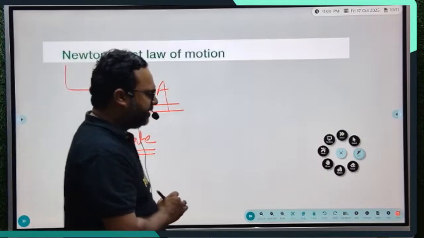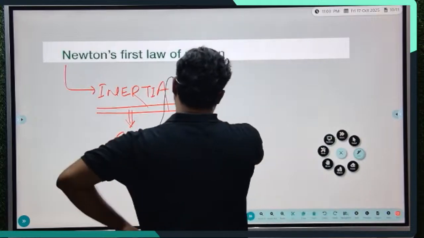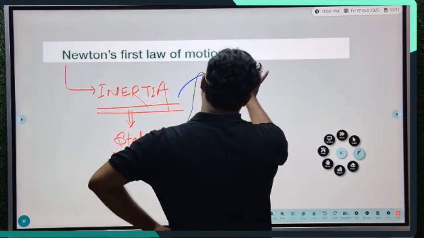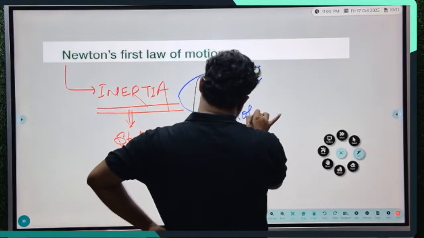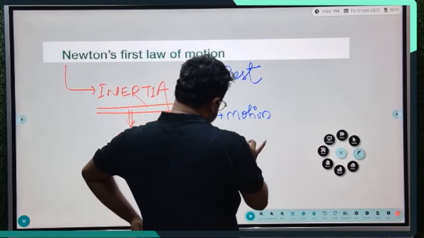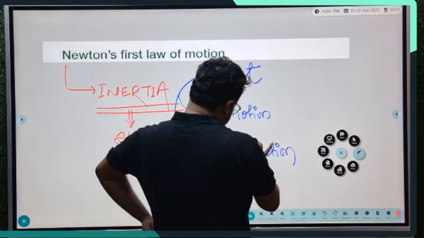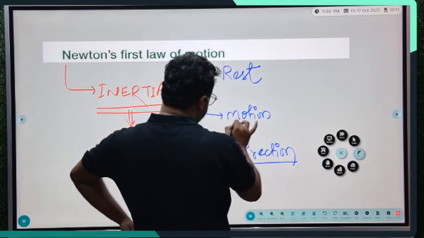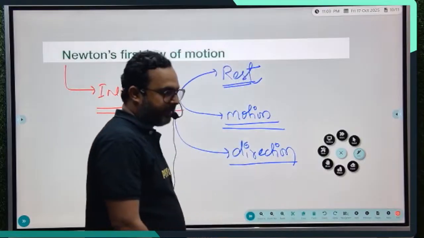We have inertia of rest, inertia of motion, and inertia of direction. I repeat, inertia of rest, inertia of motion, inertia of direction.